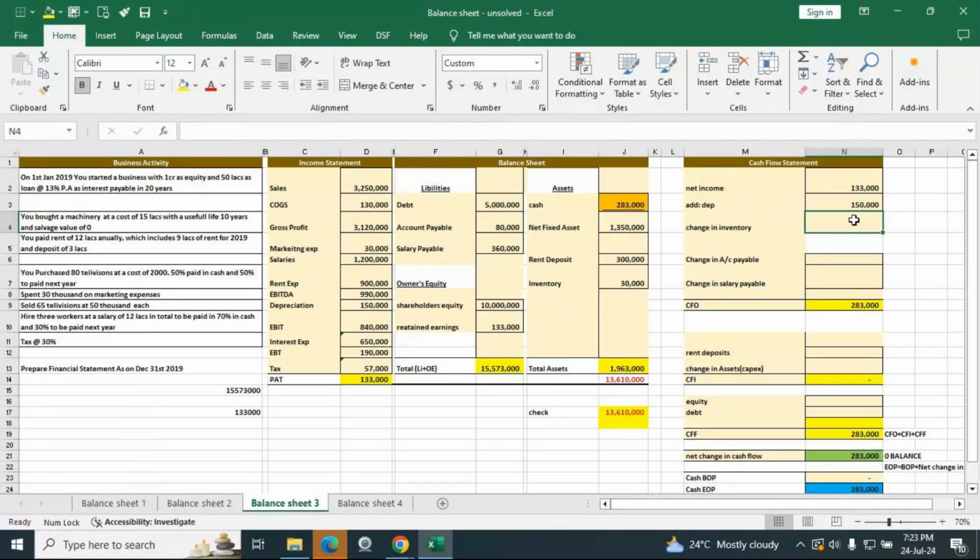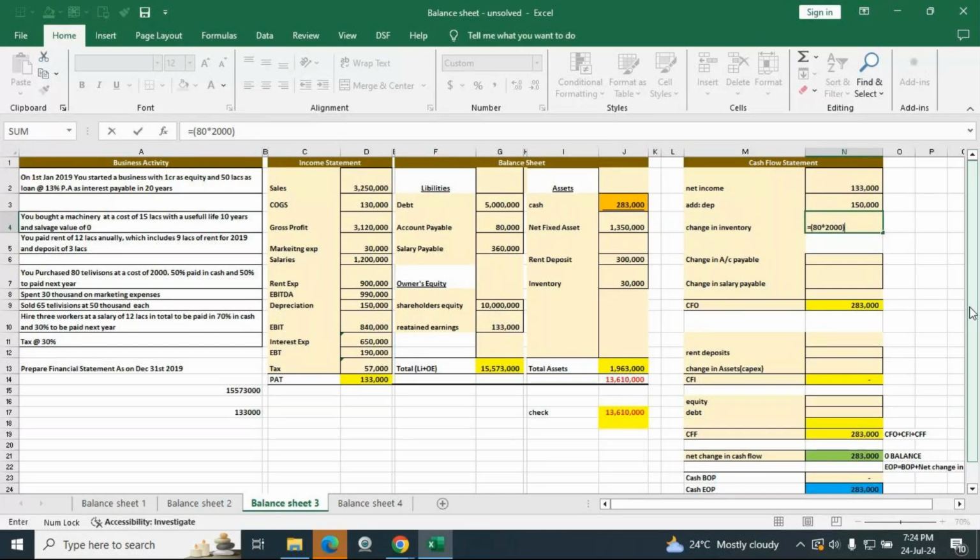Change in inventory means the amount which is left out. We will take it this way: I bought the items, I bought televisions, 80 items at the rate of 2,000.